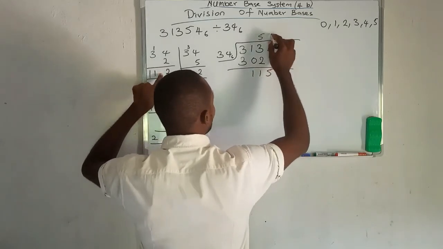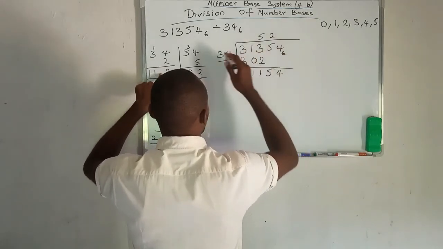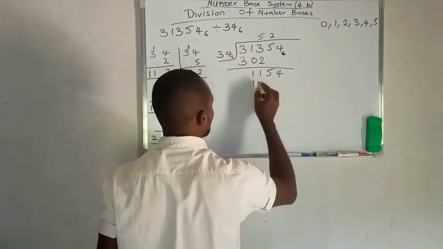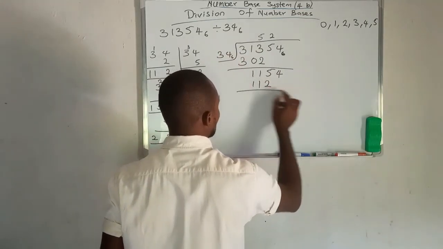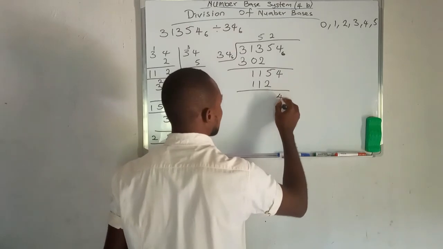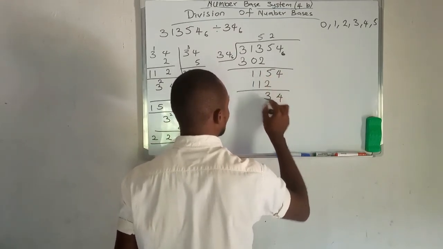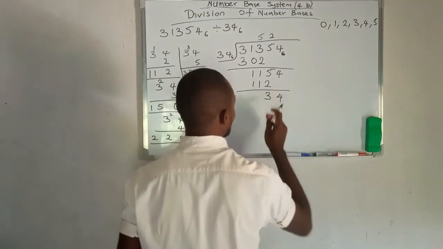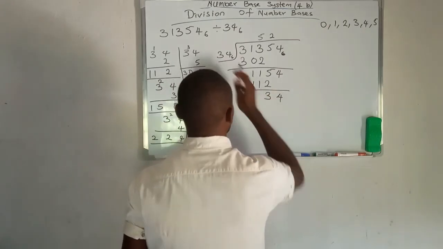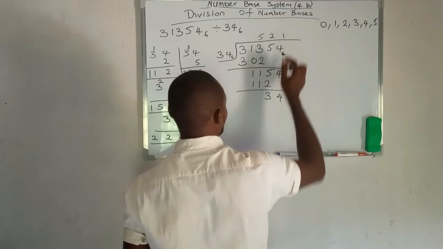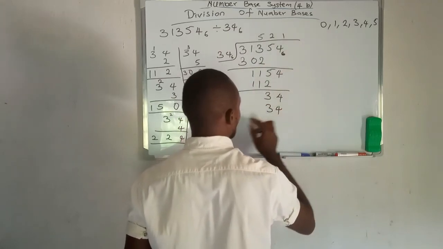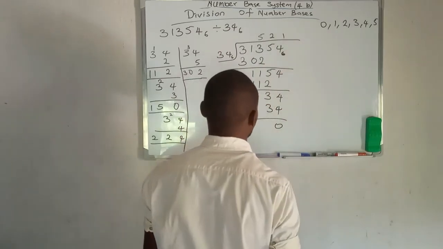So have 2 here. 2 times this will be 112, and then we subtract, we have 4, and we have 3. So 3 divide 34 divide 34 is 1. So I have 34 here, and this is 0.